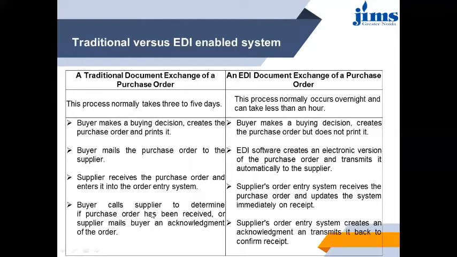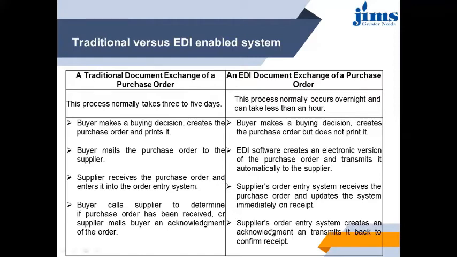Buyer calls the supplier to determine if the purchase order has been received, or the supplier mails the buyer an acknowledgement of the order. This is a manual process. If you got some order, you need to acknowledge to your customer by call or through traditional mail services.